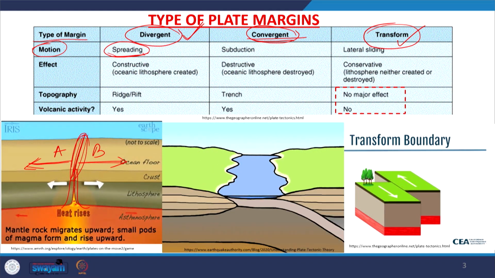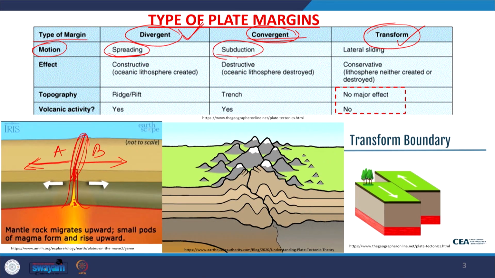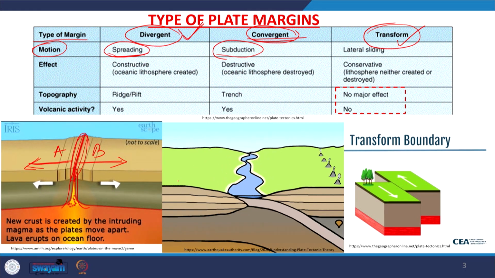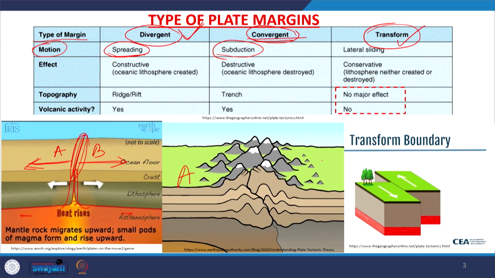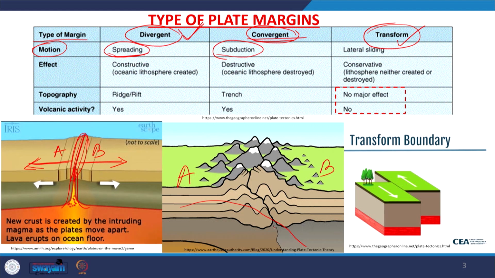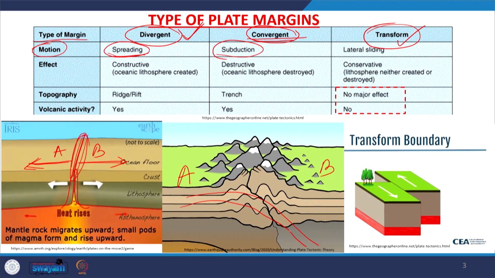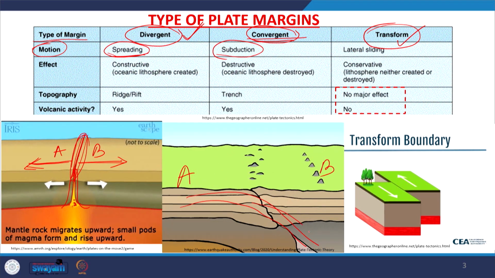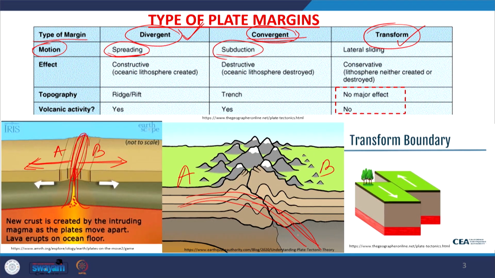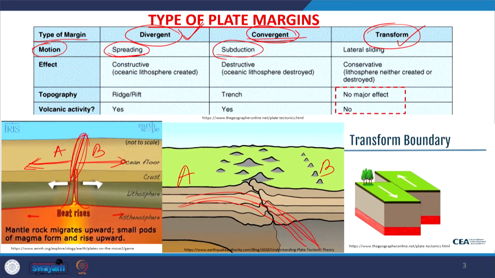And the second type is the subduction. Subduction means going down. Here if you see, there are two plates, again suppose plate A and plate B. Now, one part of this plate, this white portion here, is subducting below the other. So, that means this is the subduction motion, that means one plate is subducting down.